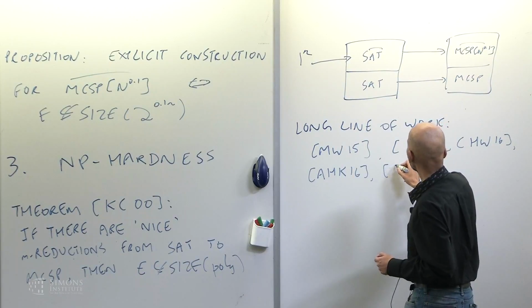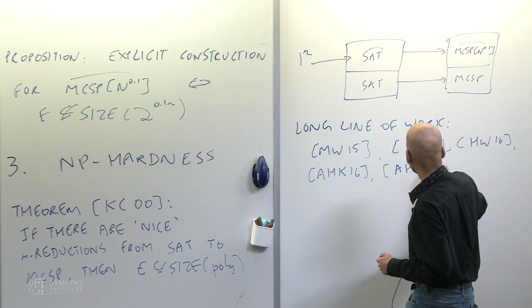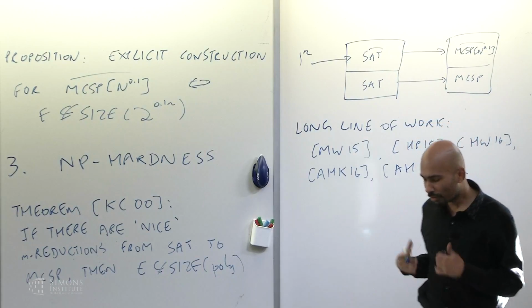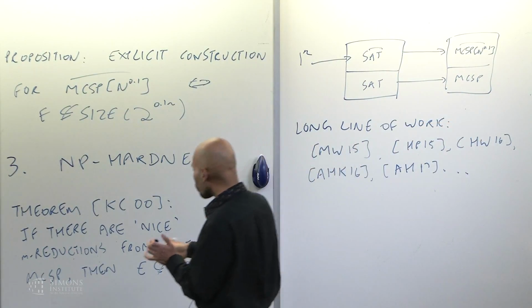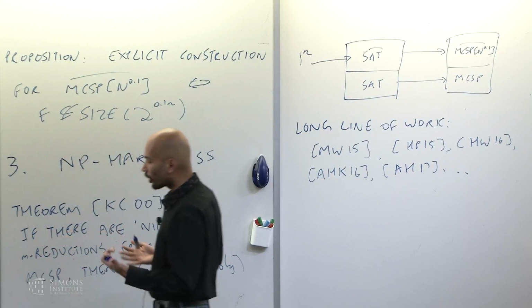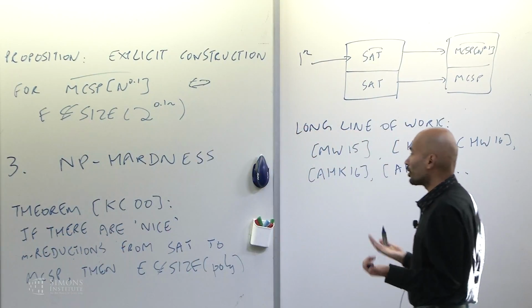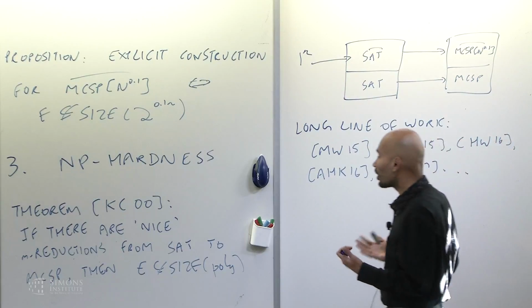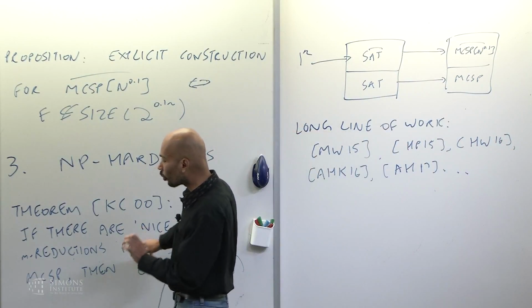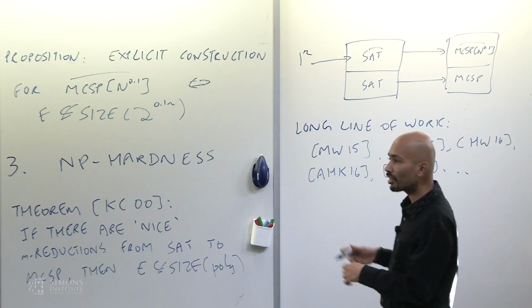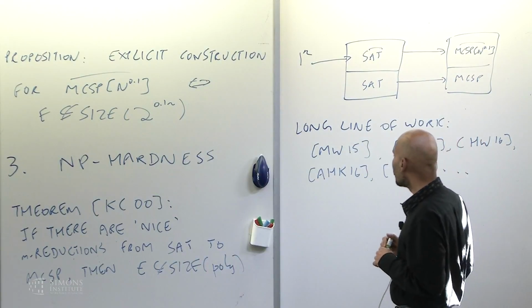So I think there's Eric and Shuichi, and so on and so forth. So there's been a long line of works where you play with the notion of reduction you have here. You see what kinds of consequences we get. So they're trying to show that even for weak notions of reductions, somehow you get some sort of complexity implication from a hardness result, which we don't know how to show, right?